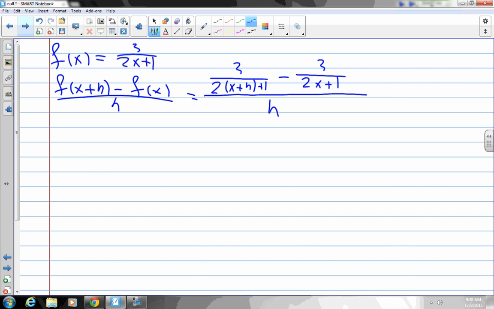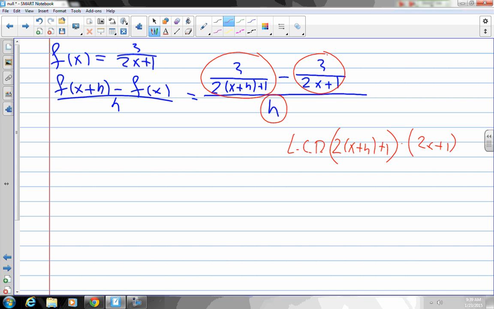So here's what we call a complex fraction. The easiest way to handle that is to clear out all the little denominators. We look at each term individually and find the LCD for all of them. So the LCD is the first denominator times the second denominator. The h does not have a denominator; if you look at it individually, it's just h over 1, so it does not contribute to the LCD.